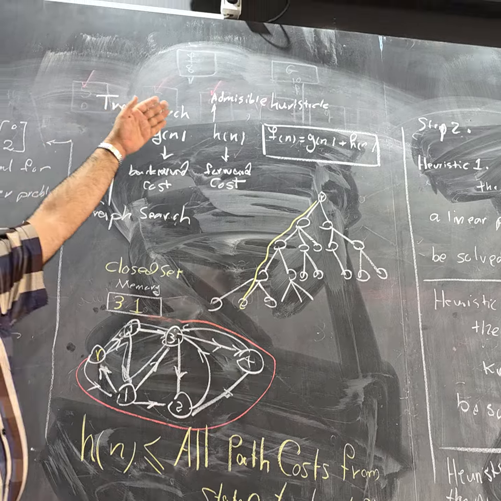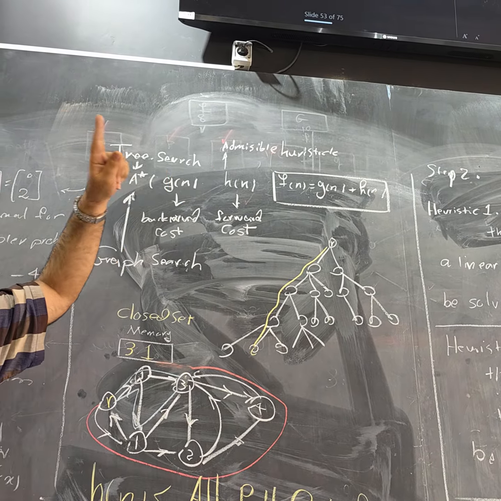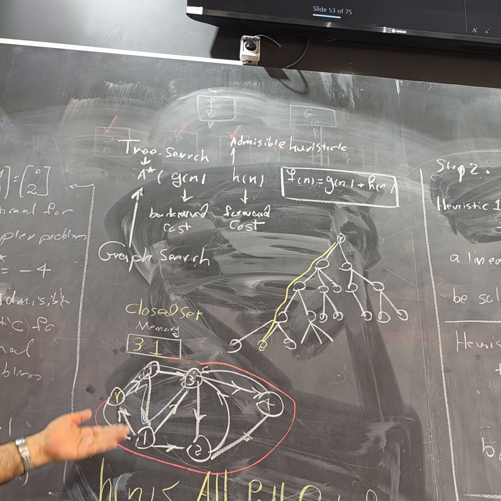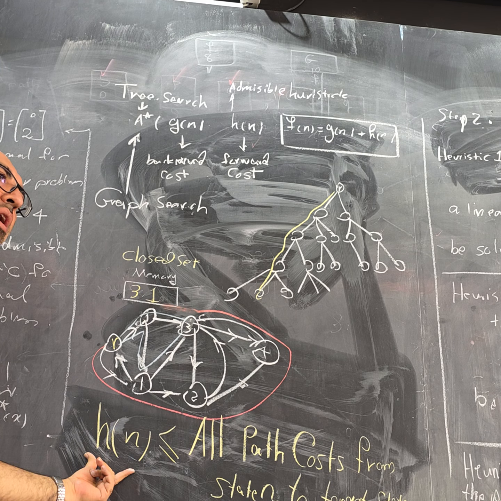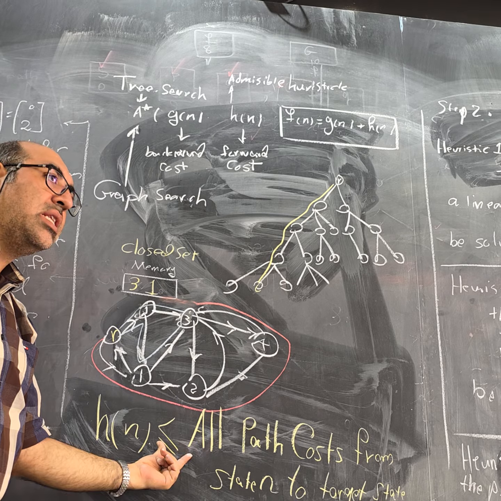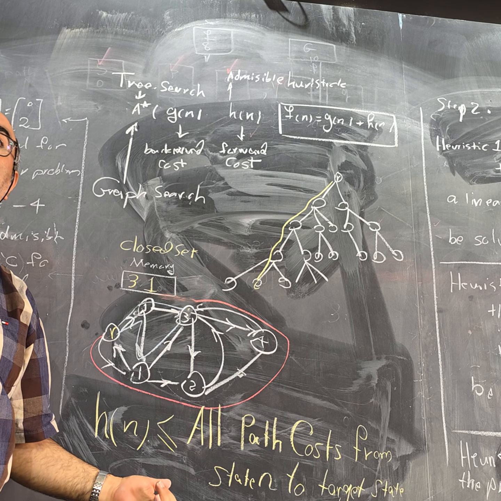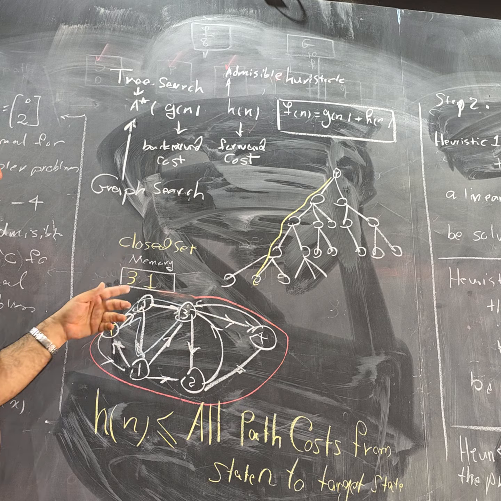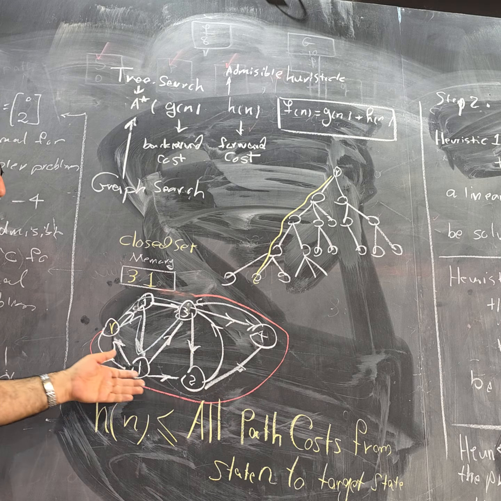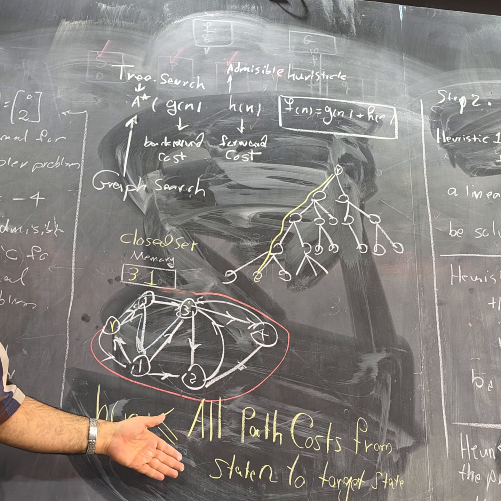In the admissible heuristic, we have just a single path. Because of that, H(n) is always less than the true cost. Because we have a unique path. But in the graph, all of the paths should be checked.